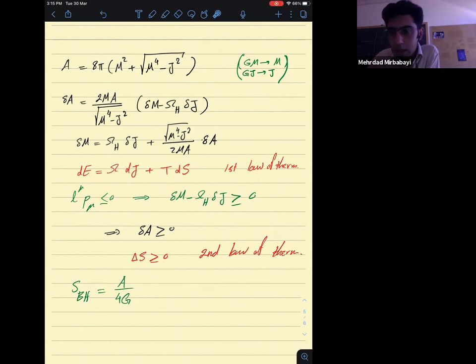But it's not exactly twice. Perhaps you need to do something more adiabatically so that you saturate this second law.